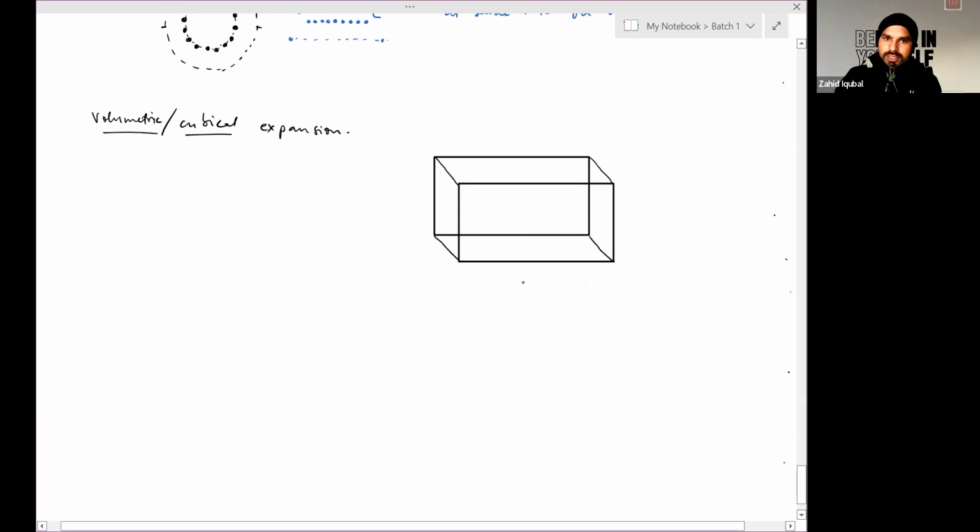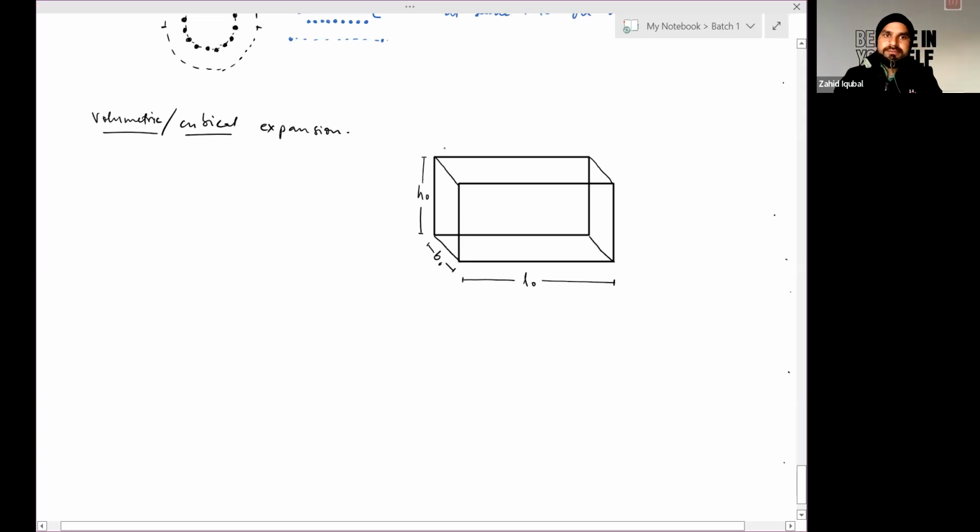It may have some initial length, initial breadth, and height, V naught, H naught.